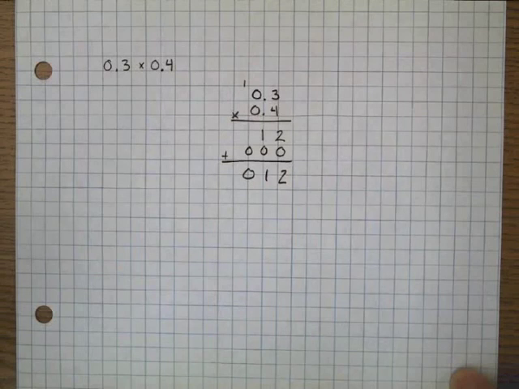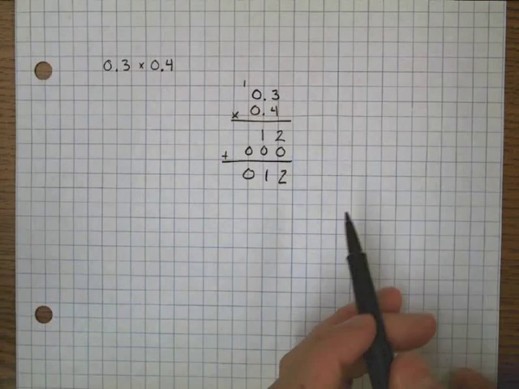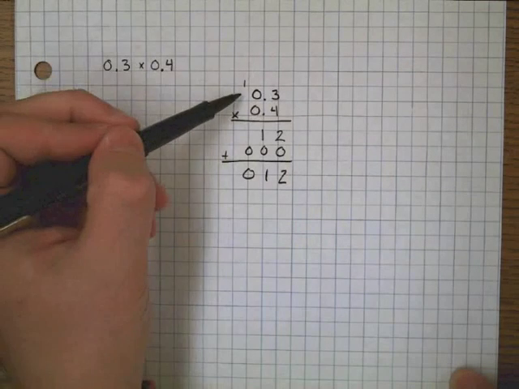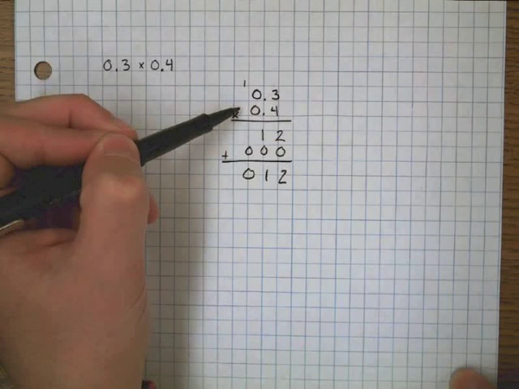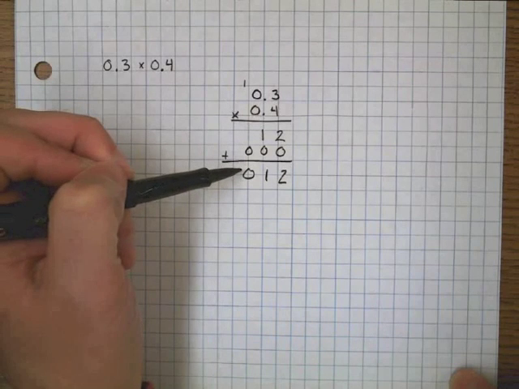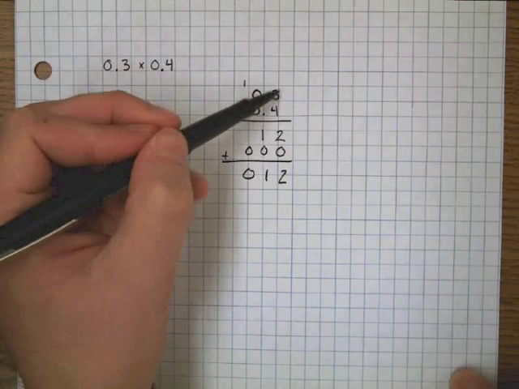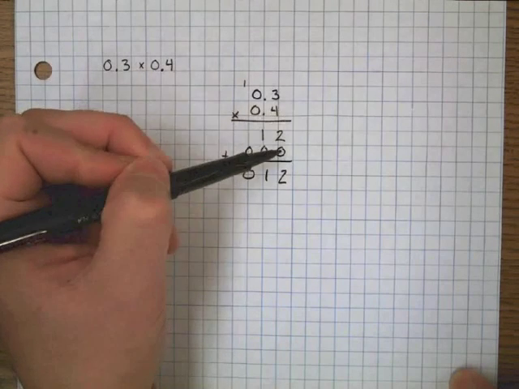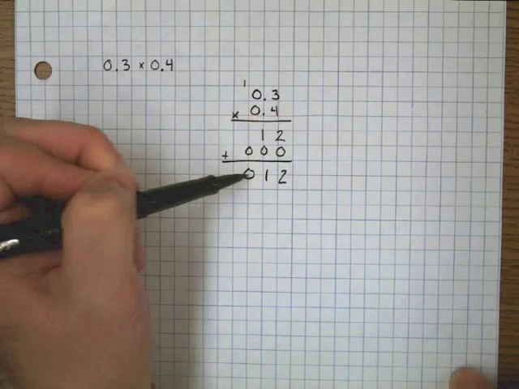Now, I still have my decimals to consider. When you're multiplying decimals, the number of decimal places in the problem is going to be the same number of decimal places that you come up with in your solution. So I'm going to count how many decimal places I have here, and that will be the number of decimal places I need to put into my solution.